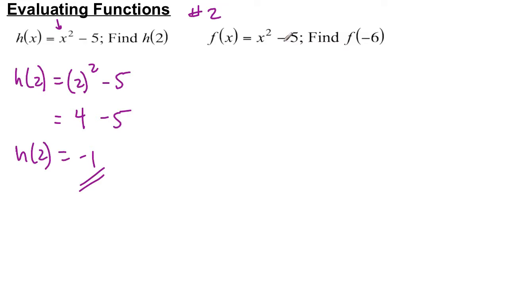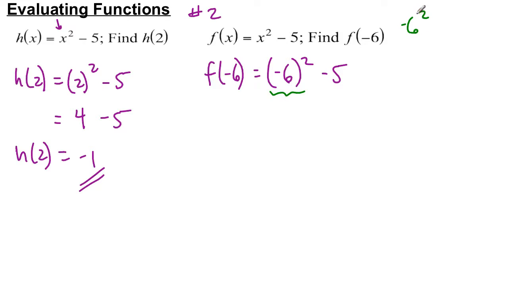Coming over to this problem, f of x is x squared minus 5. So we want to do f of negative 6 is equal to, and this is really important, put parentheses here, negative 6 squared, minus 5. Now remember, let me work this part out up here.